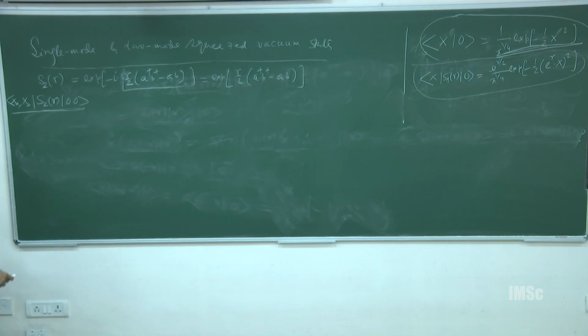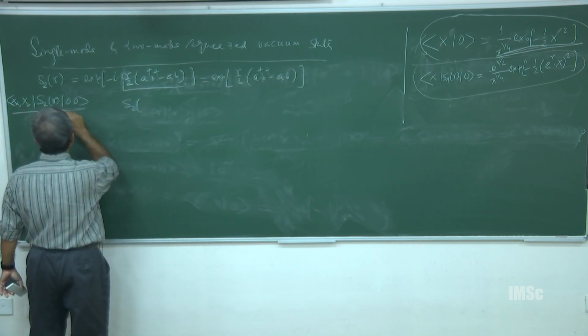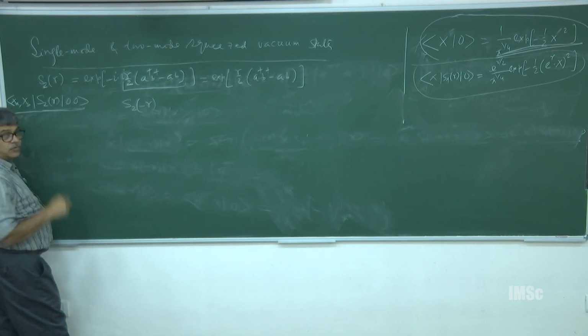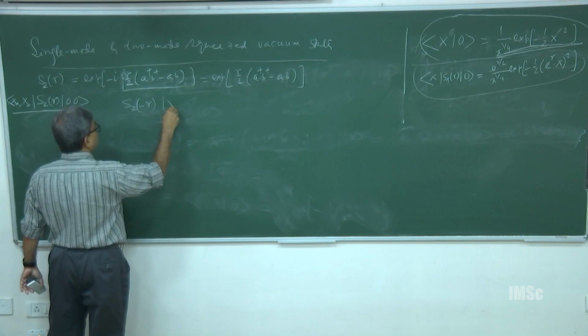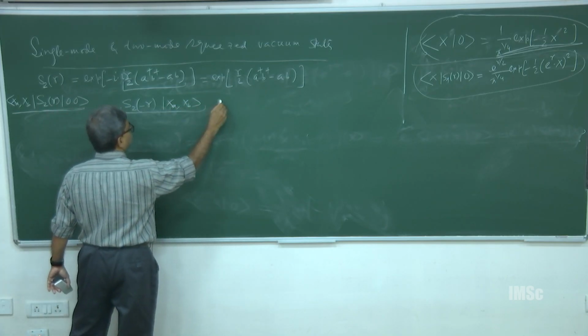So let us look at this quantity S2 of minus R, because if I take the dagger of this, it will be S2 of minus R on XA comma XB. So I want this quantity. What is this?